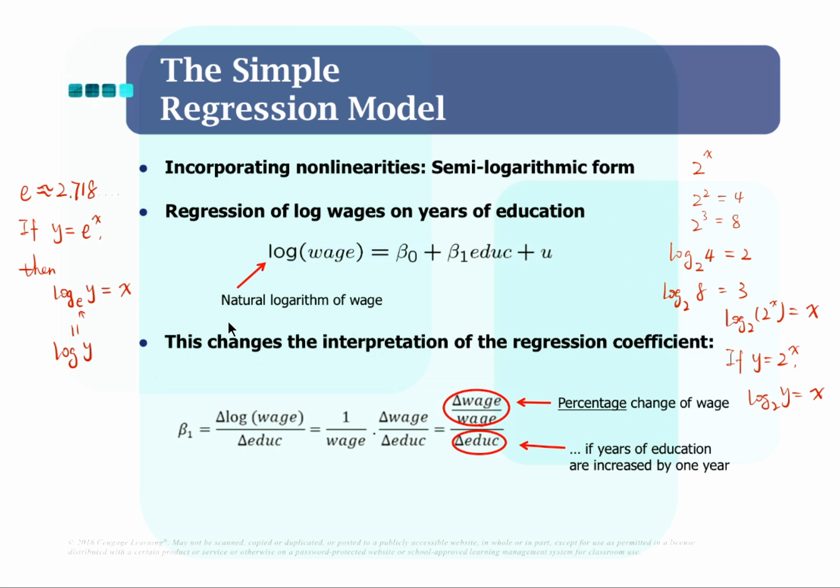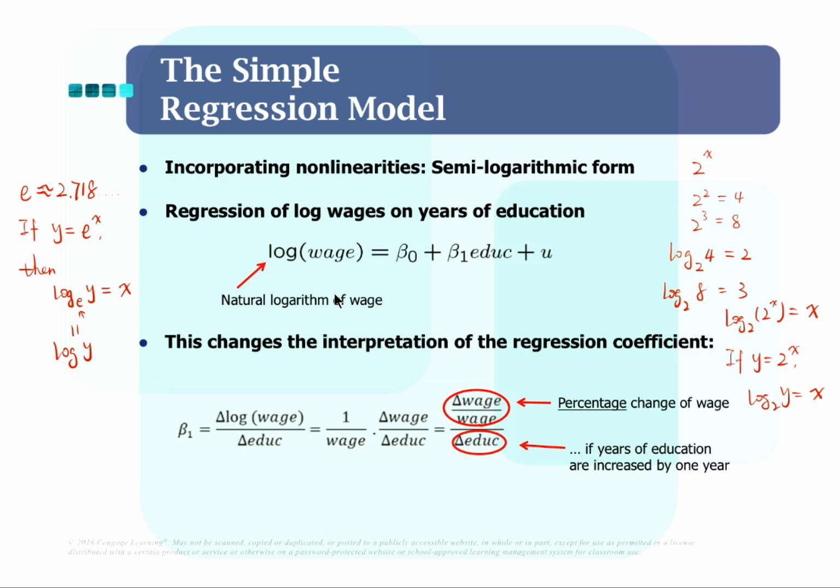So why would we like to use log instead of wage itself? There are many reasons, and later I will talk more about these logs, but today let's just get familiar with the simple case.